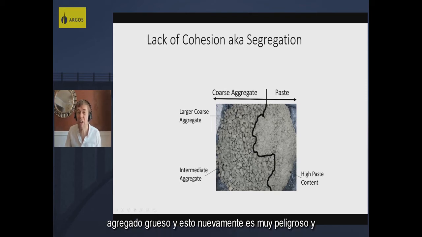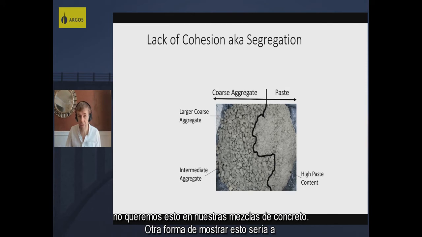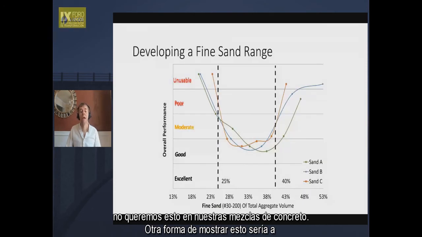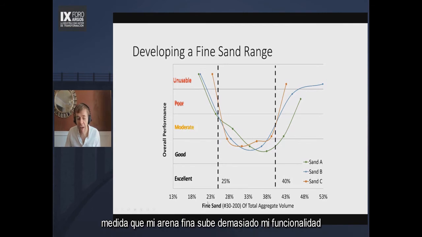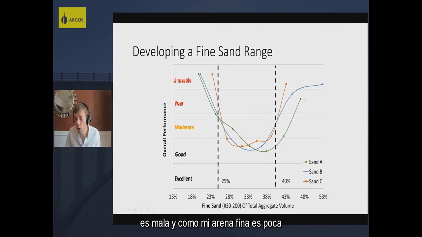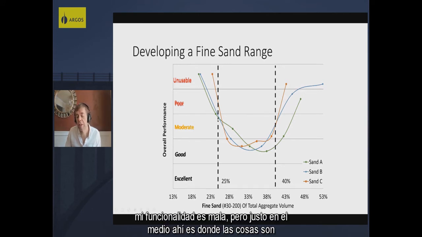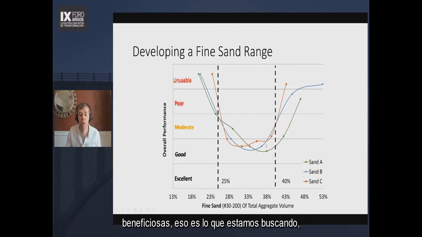And this is, again, very dangerous, and we don't want this in our concrete mixtures. And another way to show this would be as my fine sand gets too high, my workability is poor, and as my fine sand gets too low, my workability is poor, but right in the middle, that's where things are beneficial. That's what we're shooting for.